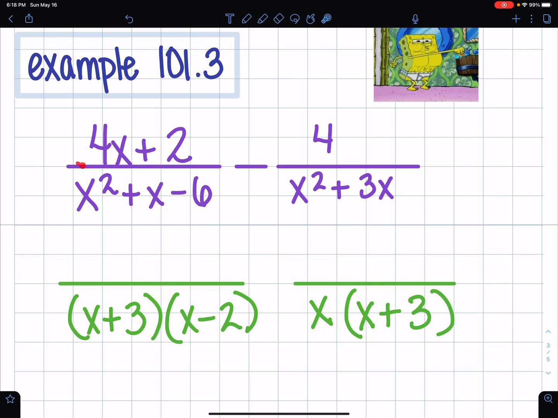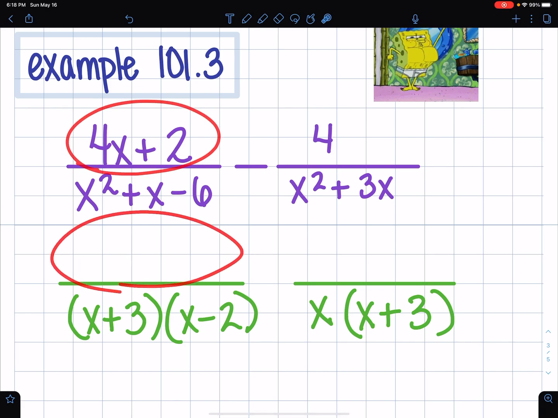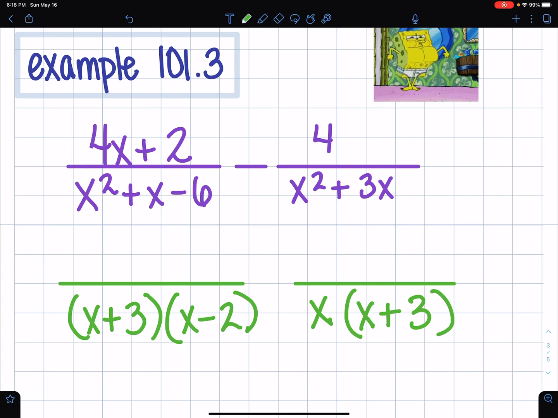The numerator on the left-hand one is 4x plus 2. Well, we didn't change that fraction at all. We just factored it, so it's going to be the same, 4x plus 2. I just need to copy down the numerators. We're not at that step yet.